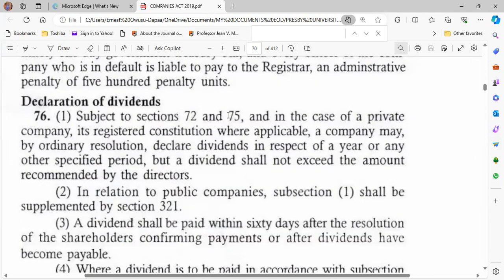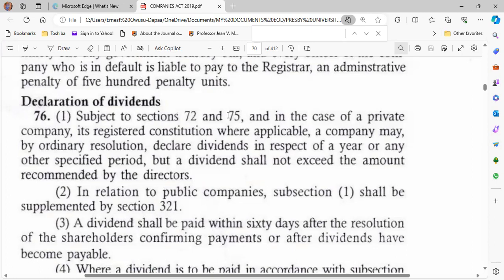Now, how is a dividend declared? Section 76 stipulates that, subject to sections 72 and 75, in the case of a private company, its registered constitution, where applicable, a company may, by ordinary resolution, declare dividends in respect of a year or any other specified period, but the dividend shall not exceed the amount recommended by the directors.